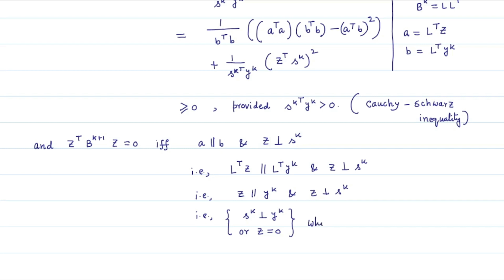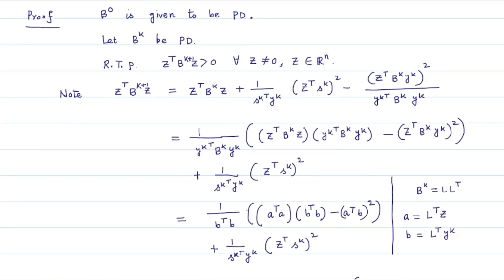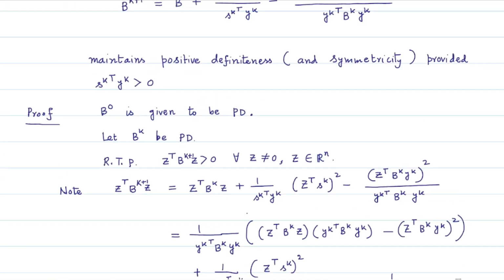So s_k transpose y_k cannot be 0. So this is impossible, and hence we have z transpose B_{k+1} z greater than 0 for all non-null vectors z in the n-dimensional Euclidean space R^n. And that is precisely what we wanted to prove, that this B_{k+1} is positive definite.